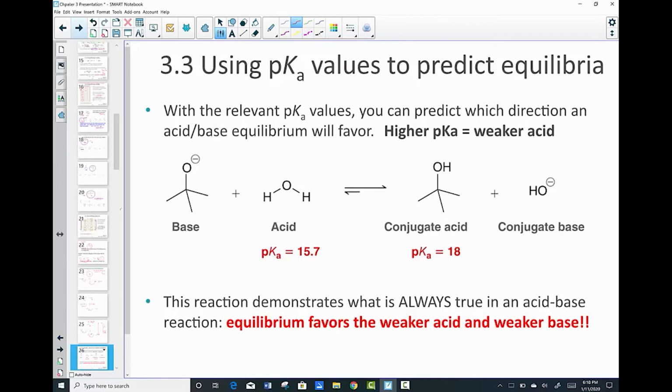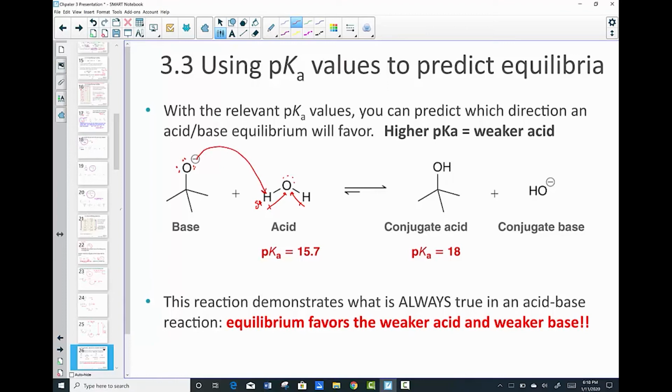So for example, we have a Bronsted-Lowry acid-base proton transfer. Let's kind of just bring in the chemistry here of what's happening. We have a base that's very electron rich on that oxygen. The water molecule, we know based on polarity, is electron deficient, so it's positive on this hydrogen.